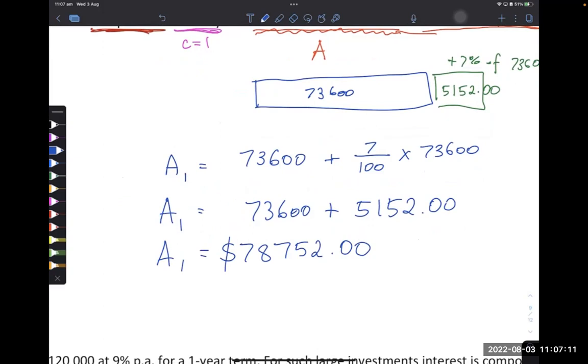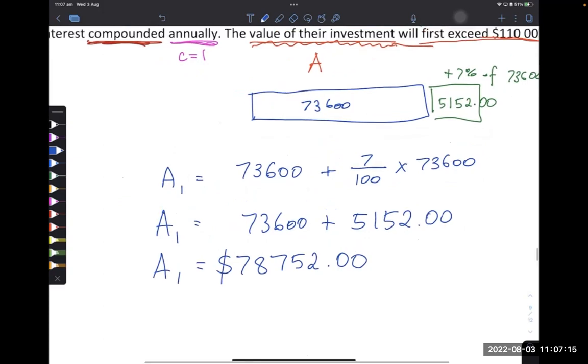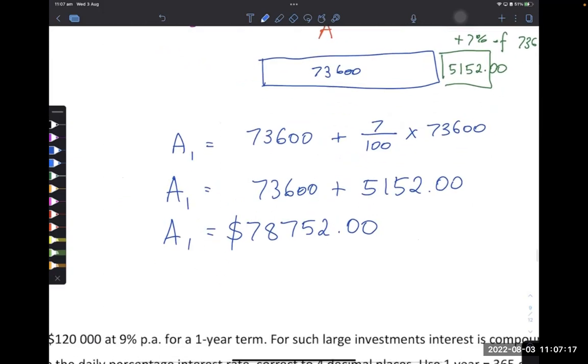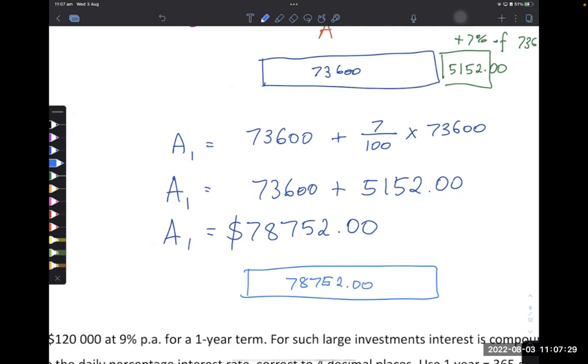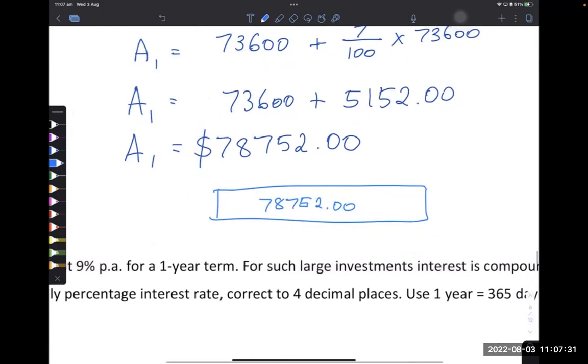Does that make sense? How much would you have after 2 years now? So this is how much you have now. It's grown, yeah? At the end of the second year, what happens?